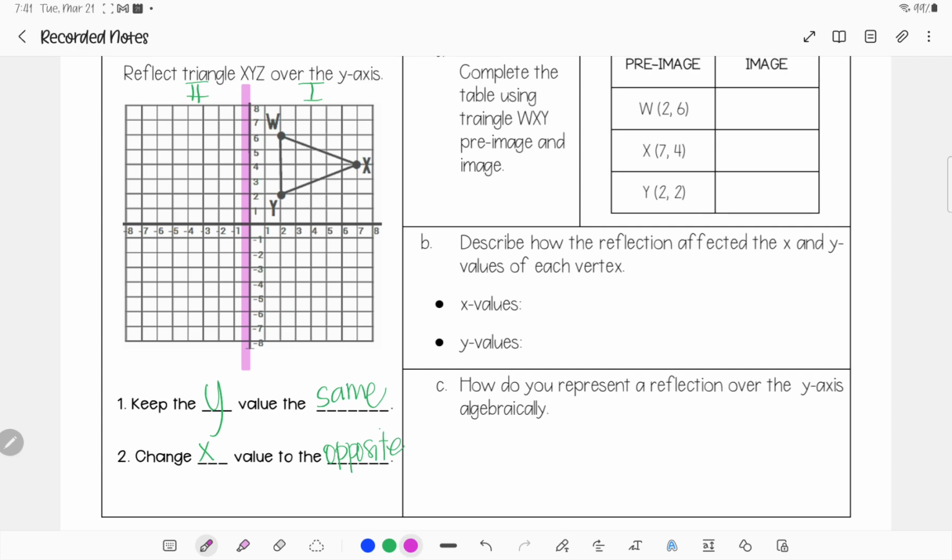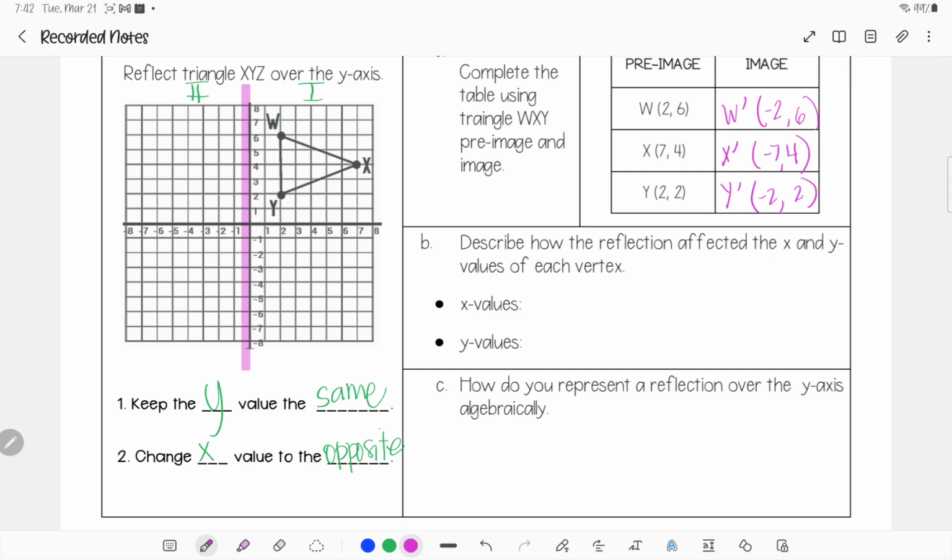So instead of having W, X, Y, we'll have W prime, X prime, Y prime. So instead of having 2, 6, now my x value becomes opposite, so it becomes a -2, but my y value stays the same. Instead of having 7, I'm going to have -7, y value stays the same. Opposite x value, same y.